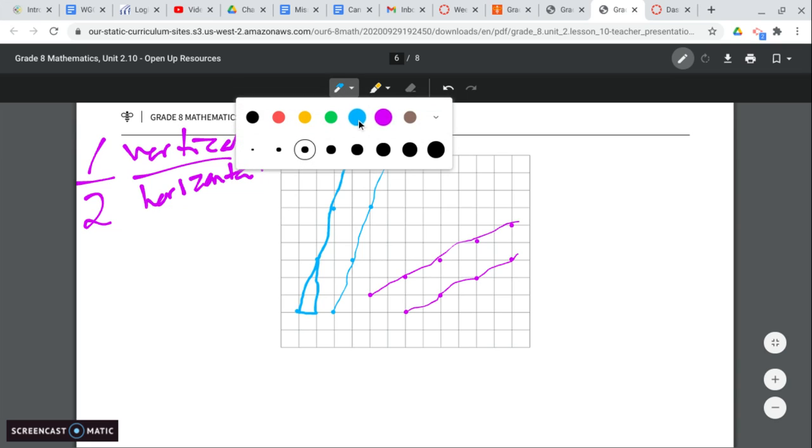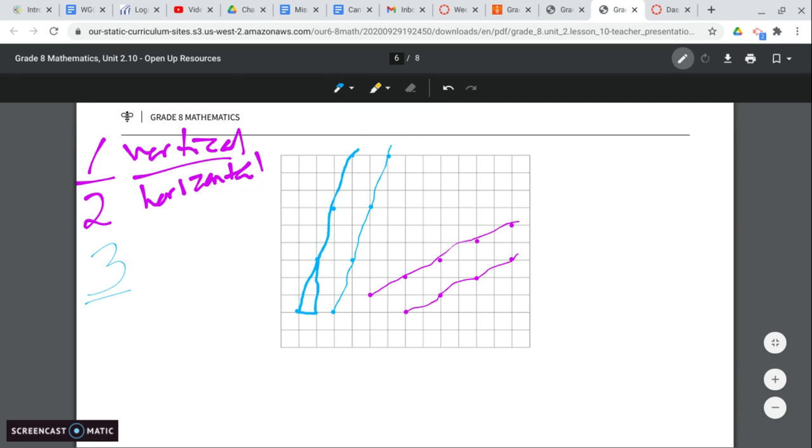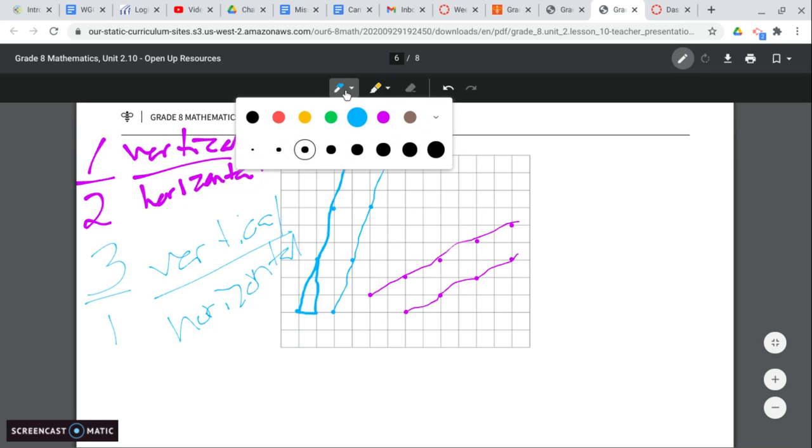The key thing with this is understanding how we can draw them, and understanding what slope represents. Slope represents the steepness of our lines. It's showing us the change in the vertical distance over the horizontal distance. So it's all about looking at those values.